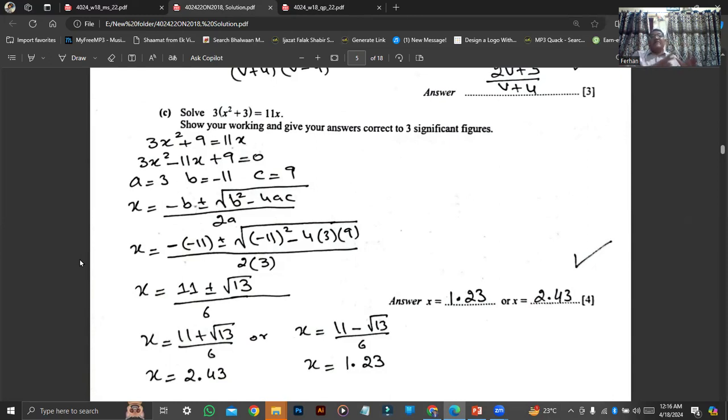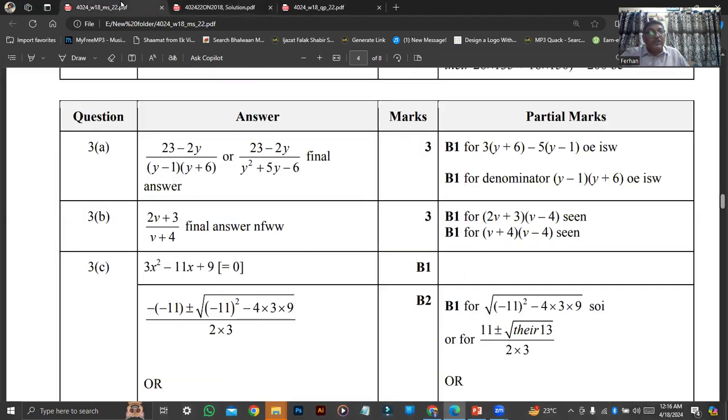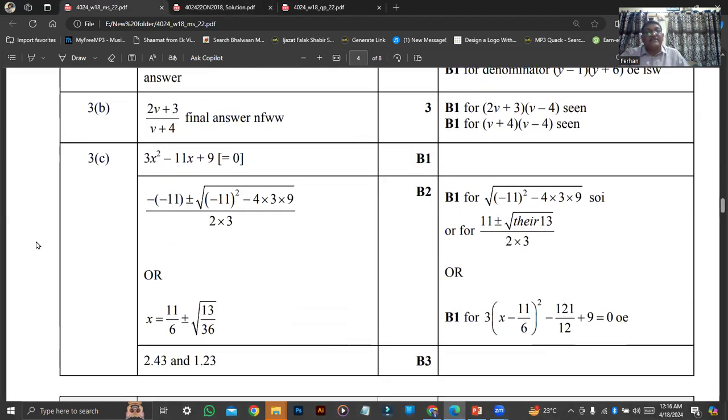One is 11 plus under root 13 divided by 6, and that will be 2.43. The other option is 11 minus under root 13 divided by 6, and that will be 1.23. So we got two answers, 1.23 and 2.43. 1.23 and 2.43 is the answer, sir.